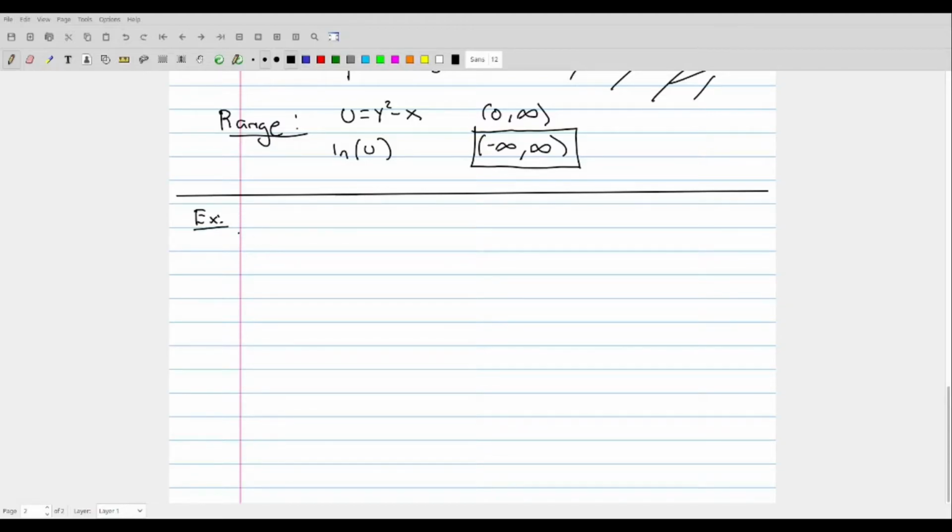So let's say we have a function, w is equal to f of x, y, z, which is equal to the square root of 9 minus x squared minus y squared minus z squared. So there's another example of a square root type problem.